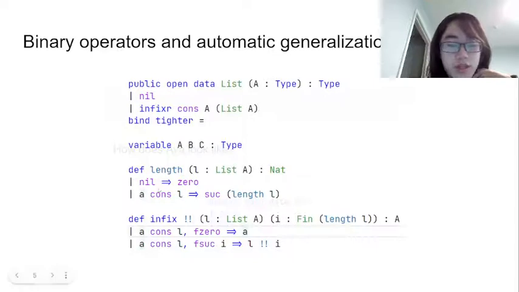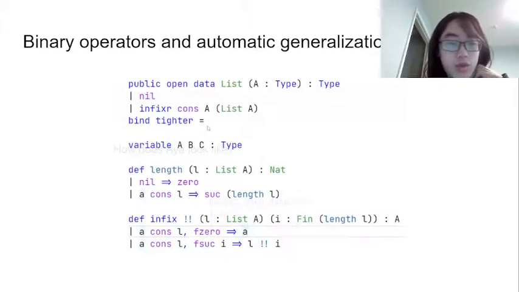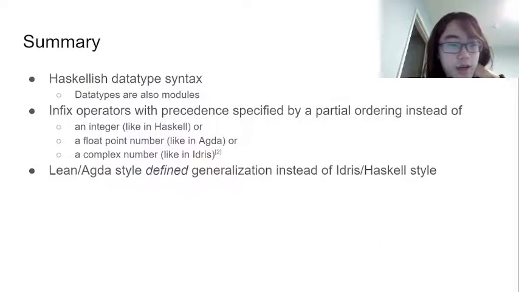You can see below there's cons in the patterns, which is infix, and you can write bind tighter to tell the compiler that when you see a cons b equals c, a cons b is a whole, and you put that at the left hand side of the equals sign. I believe this is a better way to do binary operator parsing. It's much better than using an integer or something else.